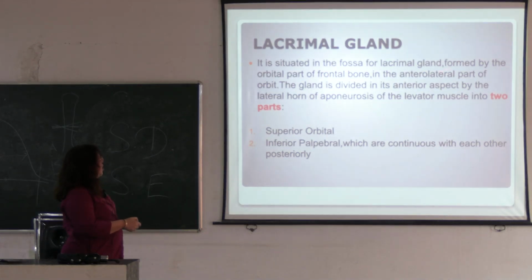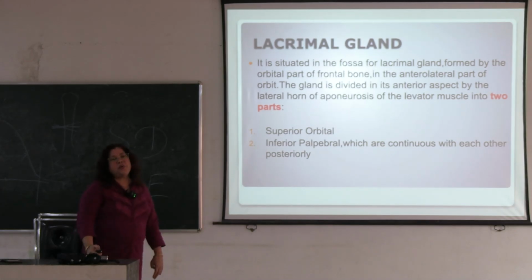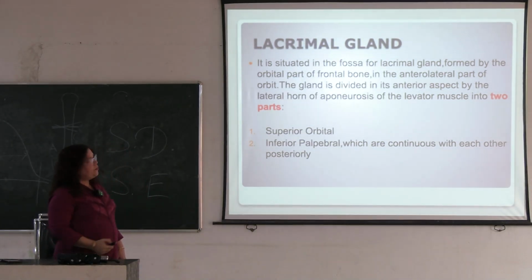This forms the lacrimal fossa, where the lacrimal gland is situated, and this lacrimal gland is divided into two parts. Main lacrimal superior part and inferior part.